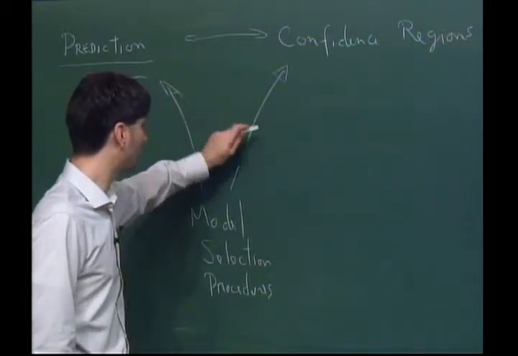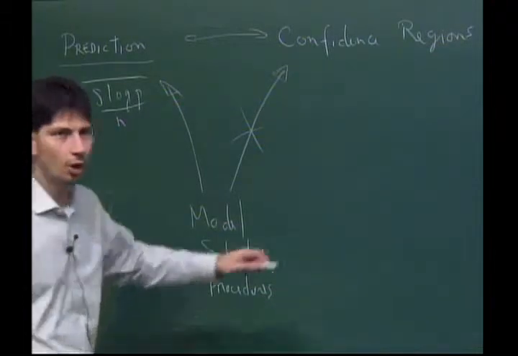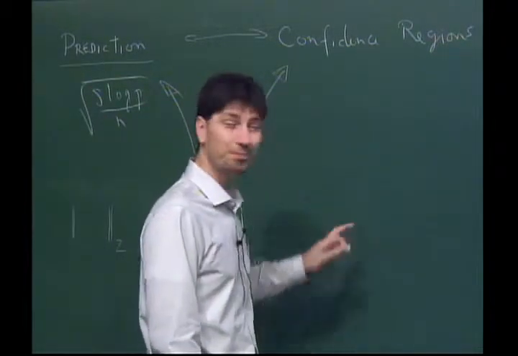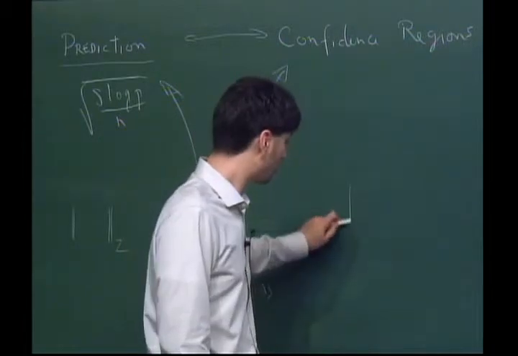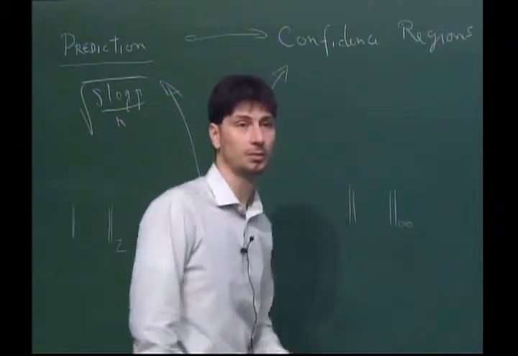In fact, I would argue the contrary. Right? If one works for prediction, the same model selection procedure is likely not to work for confidence regions, and vice versa. Essentially it boils down to this: for prediction, you are searching for a convergence roughly in the L2 norm, while for confidence regions, especially confidence intervals, you are searching for a norm which is the L infinity norm.